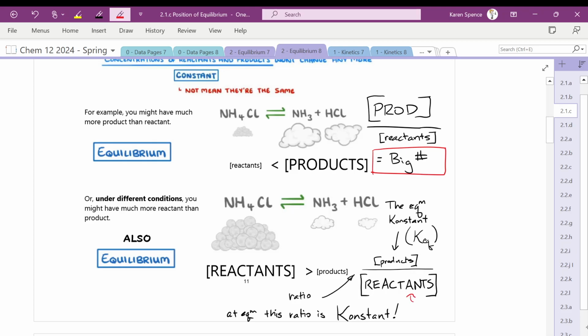This one would be a small number, because we have a small number over a bigger number. So this ratio here is called the KEQ. Okay?